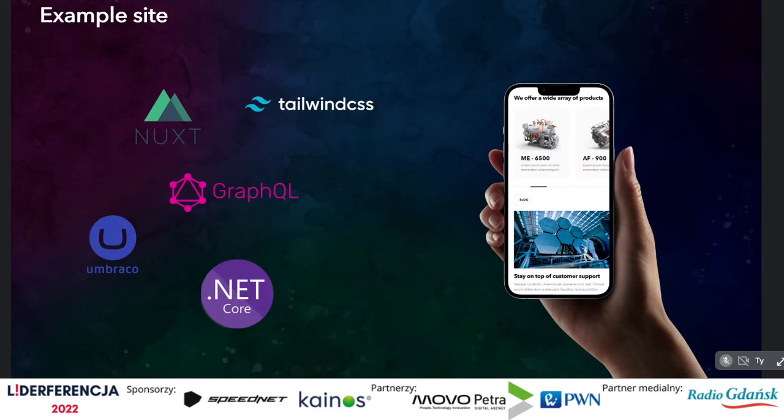You can say it's WordPress in the .NET world, so it's open source and very friendly. There's also another logo shown, which is Tailwind CSS. It's a kind of new Bootstrap framework that we also like very much. And GraphQL is a query language for data endpoints that is used as a two-way communication channel between JavaScript and the backend.